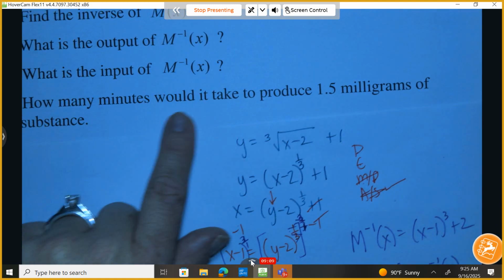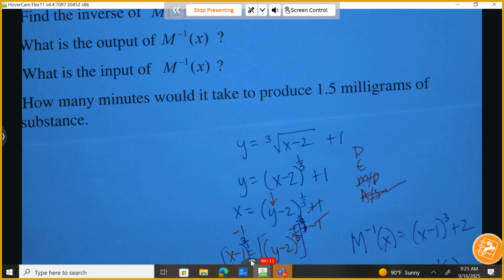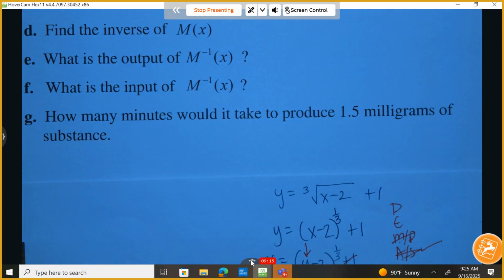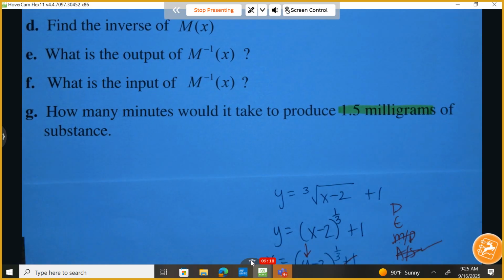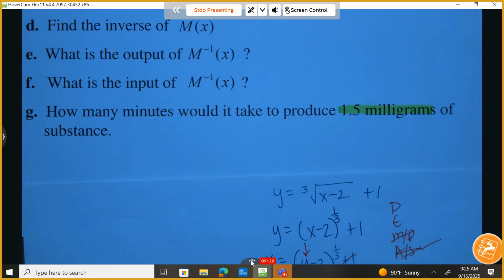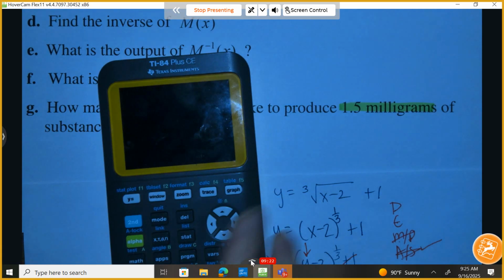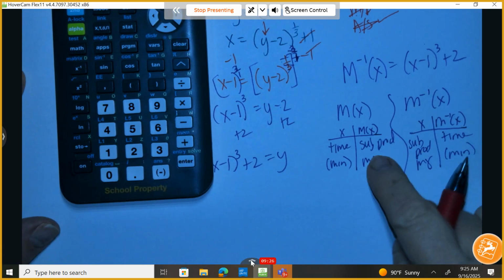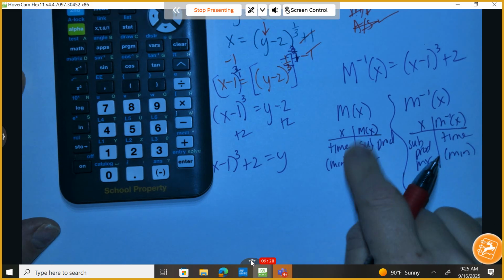How many minutes would it take to produce 1.5? It doesn't matter which equation we use. We just know that we want to know when we have 1.5. So I'm going to come up here, and I have the original equation, not the inverse. In my original equation, substance produced is my y.